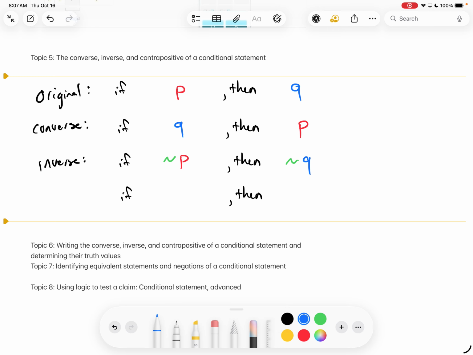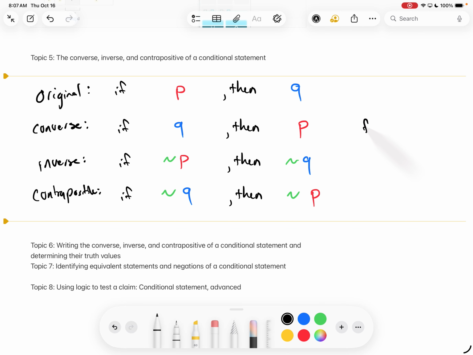And then the contrapositive does both. It is going to flip it. It's going to put the Q over here, not Q, and then not P. So it flips it and puts the not. Okay? So in my random words here, the original is just the original.